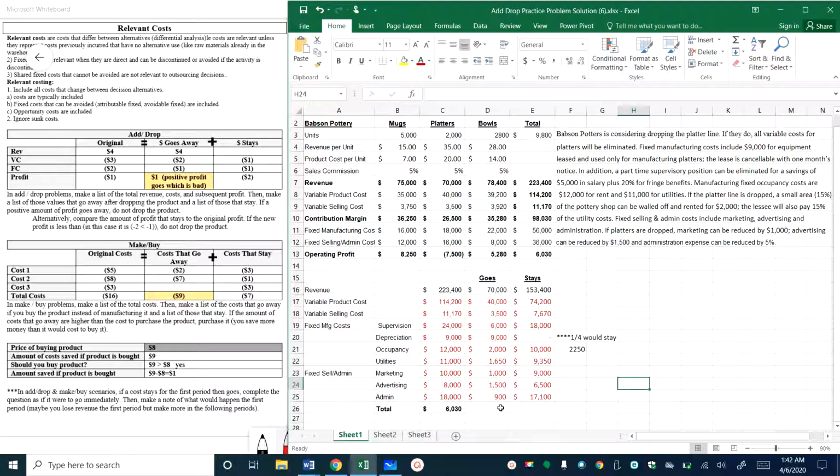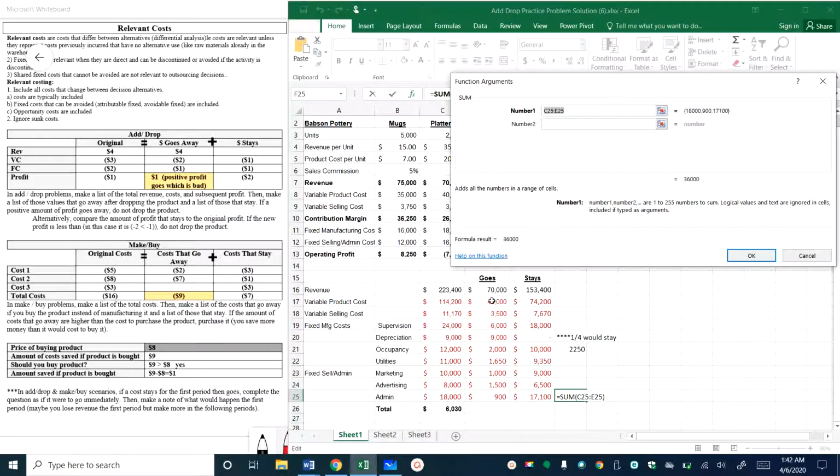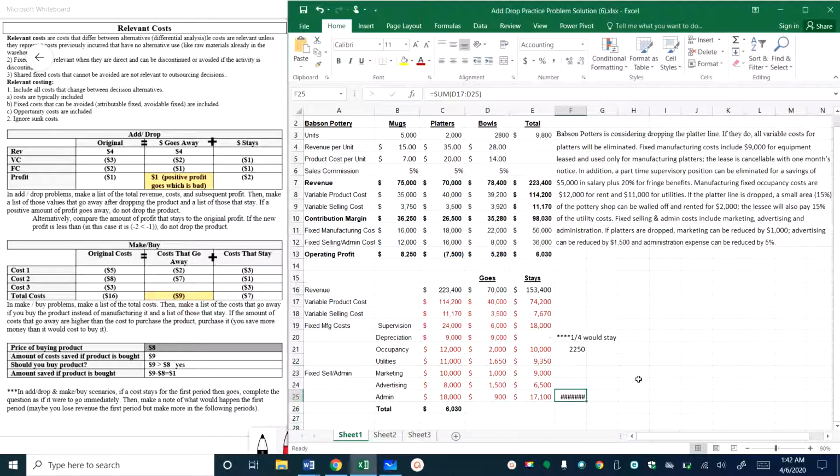So in the end, if we take off this $70,000 and take off all these costs, what is the sum of these costs? We can see that we're getting rid of more revenue than we are of costs.